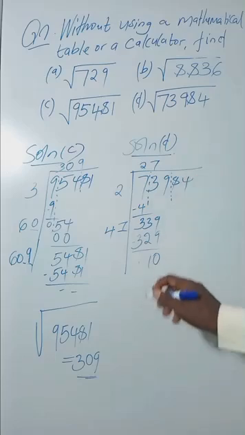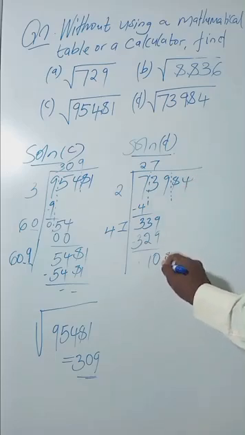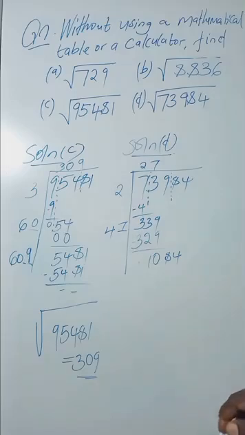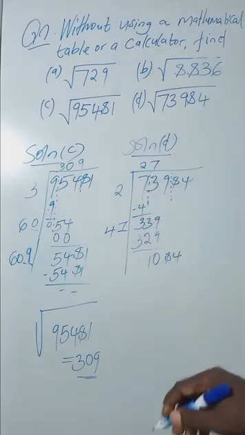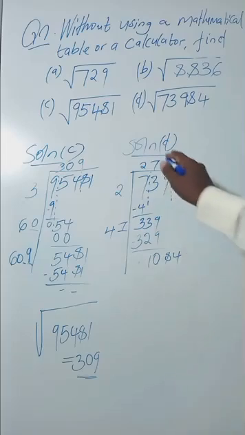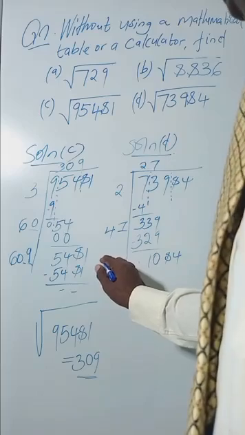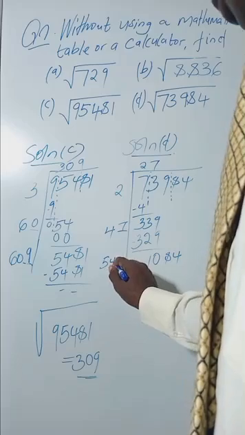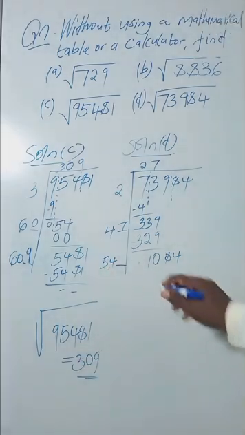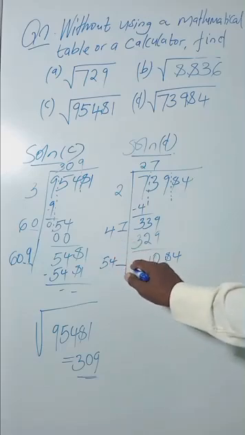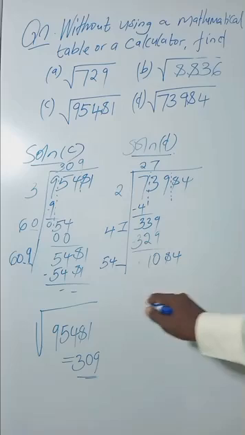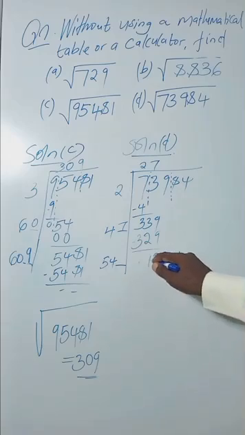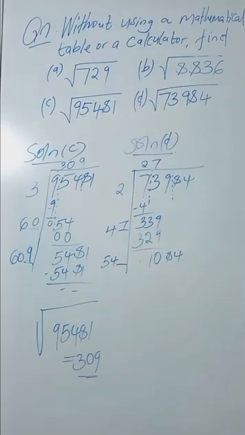Then let's drop now the last pair, which is 84. On top we have 27. Now double 27, this gives us 54. Let's look for the digit to put there, such that when you multiply the resultant number by the last digit, which we shall put here, it gives us a number which is equal to or close to that one.